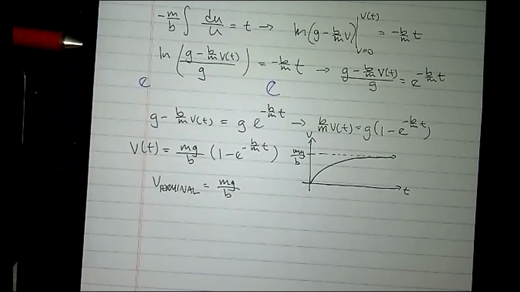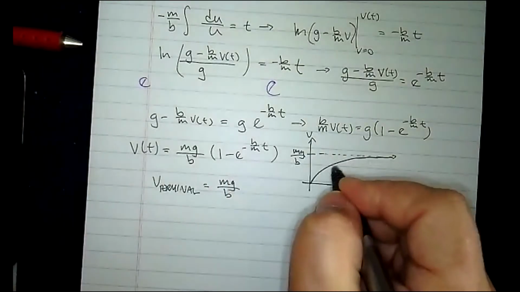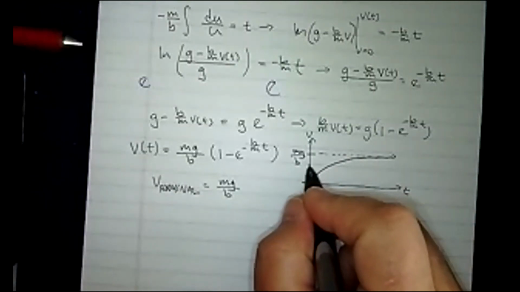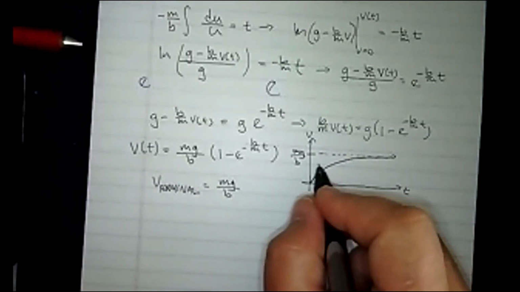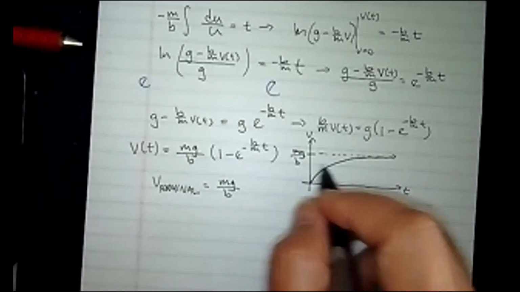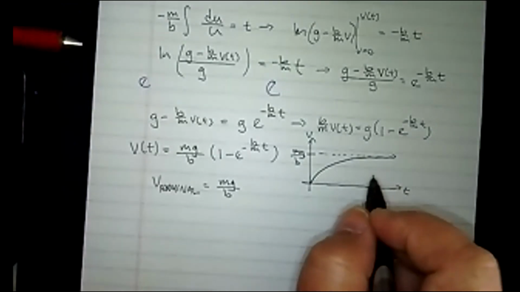You can even determine the amount of time it will take to get to a factor of, say, 1 over e of the terminal velocity. So you could say, for instance, right along here somewhere is a velocity mg over be. And that is sort of a characteristic time.